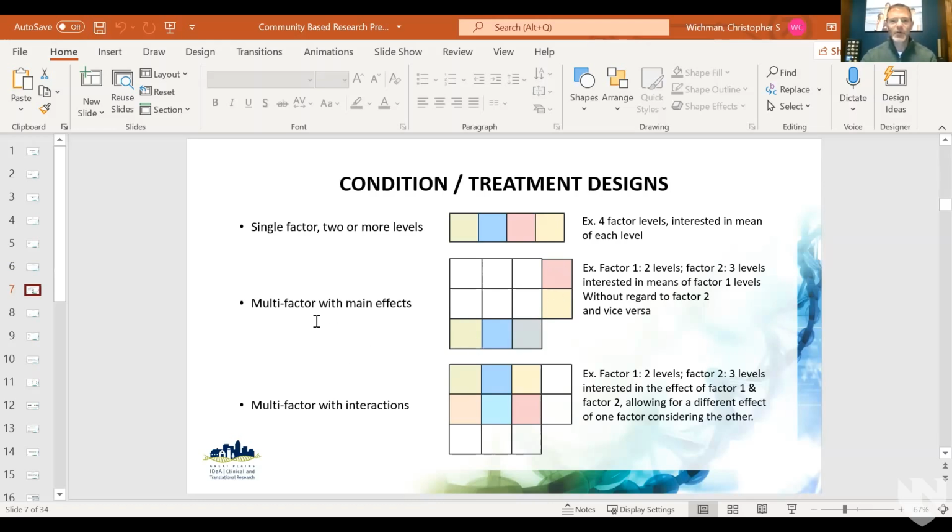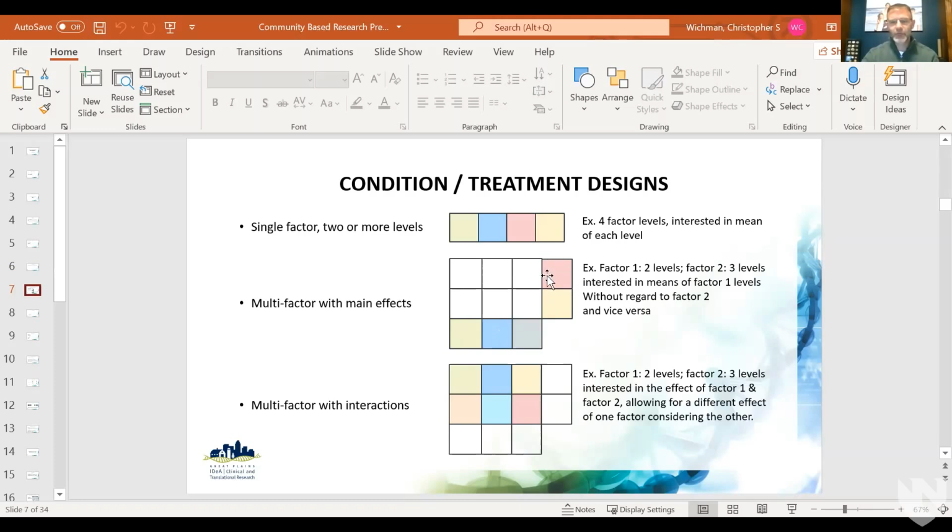But when I talk about multi-factor with main effects, typically what we're saying here is we're not interested necessarily in how A and B work together, or we have some information that says whatever's happening in A doesn't affect B. So what we're really focusing in on are the marginal results of factor A without regard to the level of B. So that would be this kind of horrible gold color, the blue, and the gray.